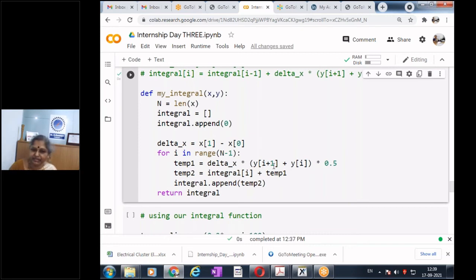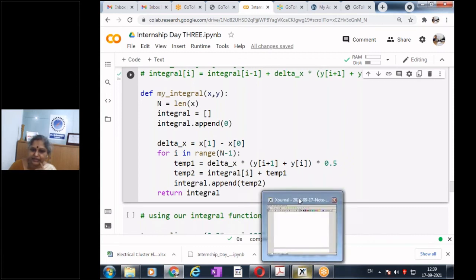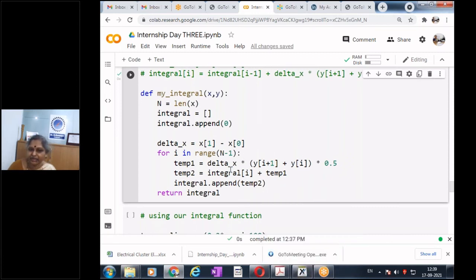It's a trapezoid. So that is going to give me the area for those two samples. And I keep on adding the area. I keep the previous value of the summation plus the present value, and I keep appending. This is what happens in integration.